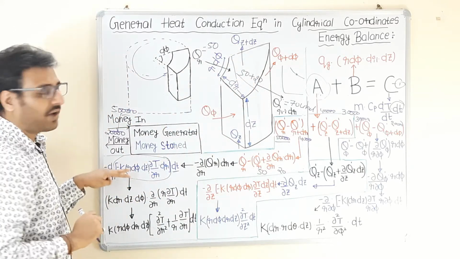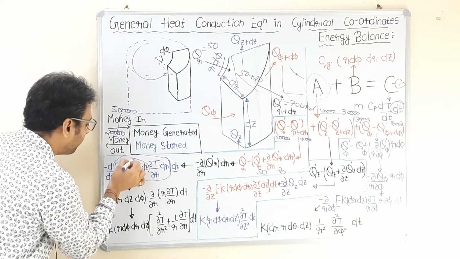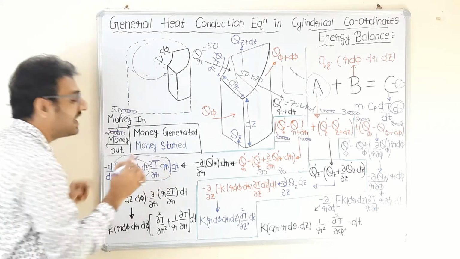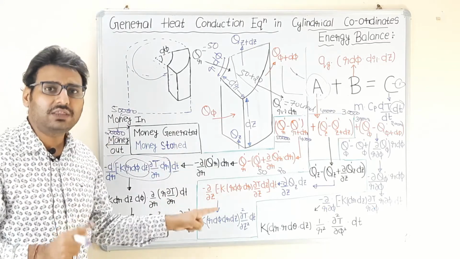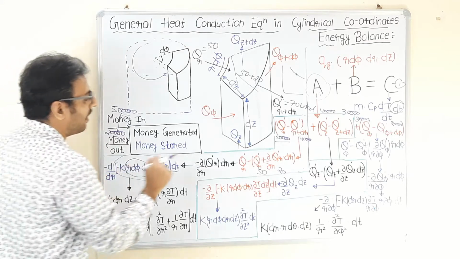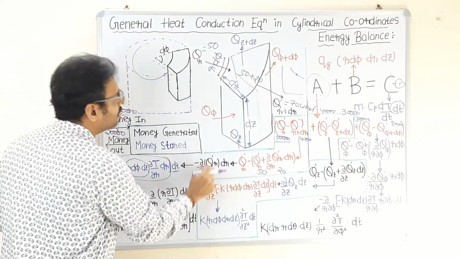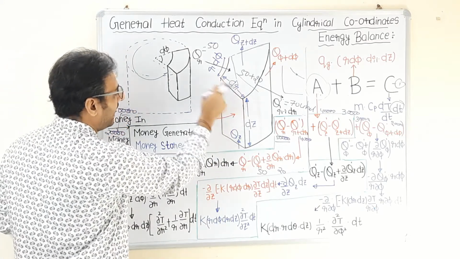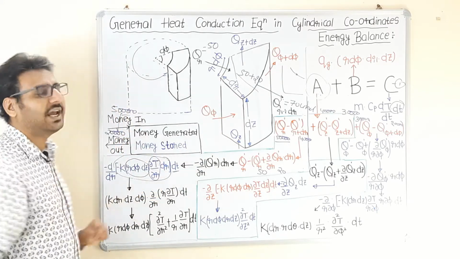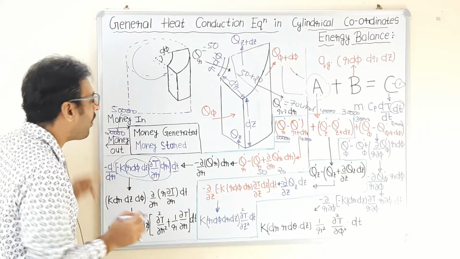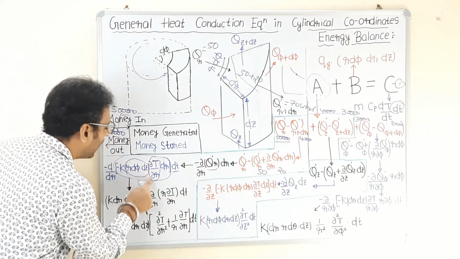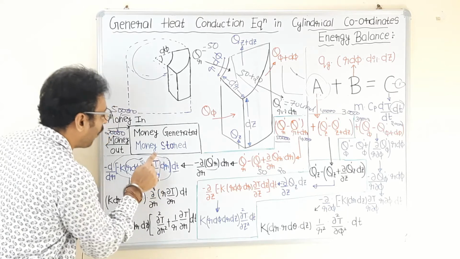In Fourier's law of conduction, area is taken perpendicular to the heat flow direction and temperature gradient is taken along the direction of the heat conduction. Because heat is conducting in radial direction, we need to take the temperature gradient in radial direction only for Q_r. And this is showing the temperature gradient.